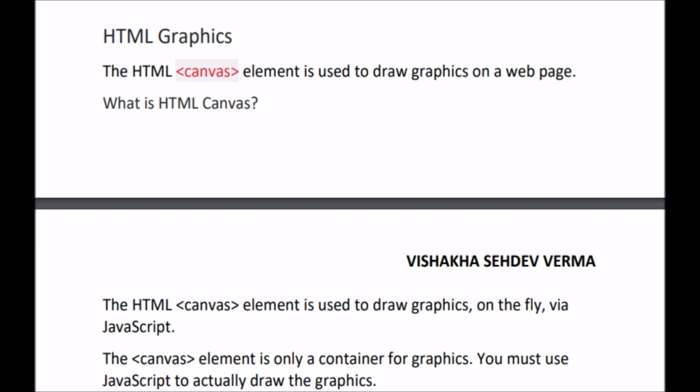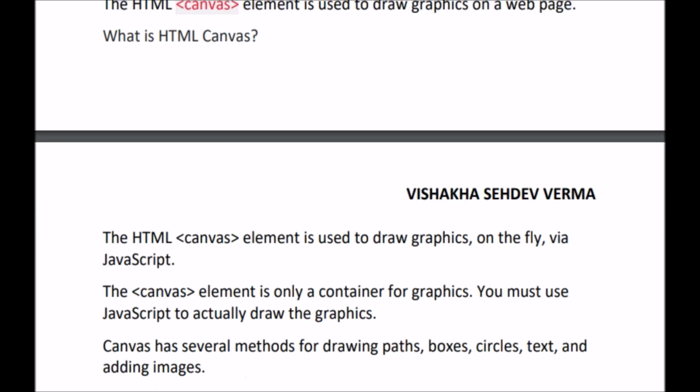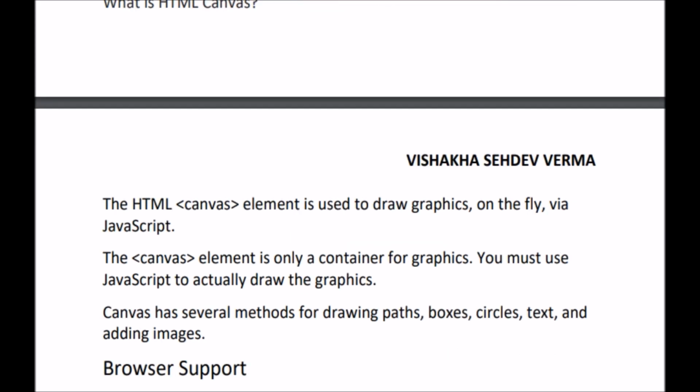Other examples could be bar charts, pie charts, line charts, flow charts, and many other items but in the form of images. So basically the canvas element is used to draw such graphics on a web page. Canvas has several methods for drawing paths, boxes, circles, text and adding images.